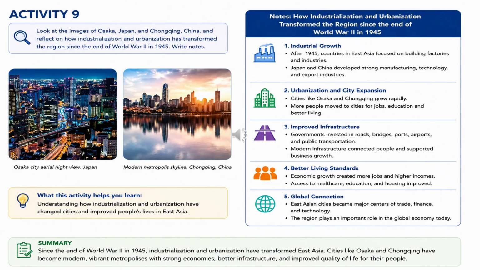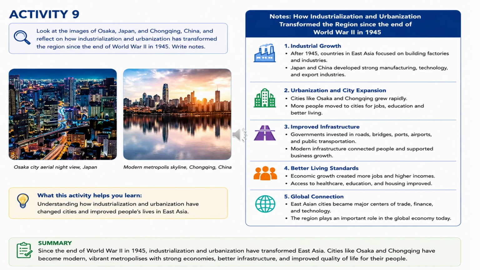Another important change was the improvement of infrastructure. The government invested in roads, bridges, railways, airports, seaports, public transportation, etc. Better infrastructure made it easier for people to travel, transport goods and do their businesses smoothly. As industries grew and infrastructure improved, people's living standards also improved.